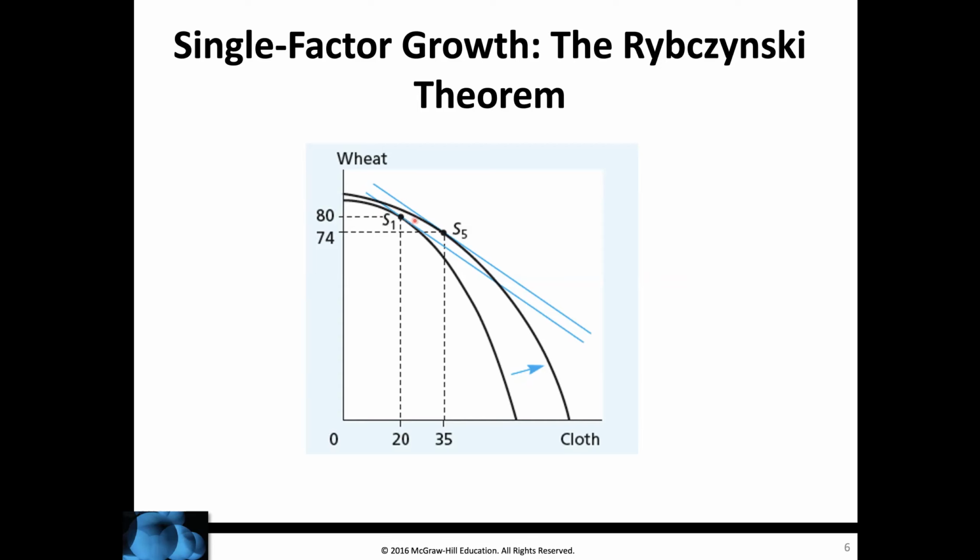With the shift of the production possibility curve, it shifts out to S5, and we are now producing 35 of cloth. Now, we do know that cloth does require some land, and so that land would be taken from wheat production and repurposed for cloth production. So we can see a decrease from 80 to 74 at point S5 in the production of wheat.